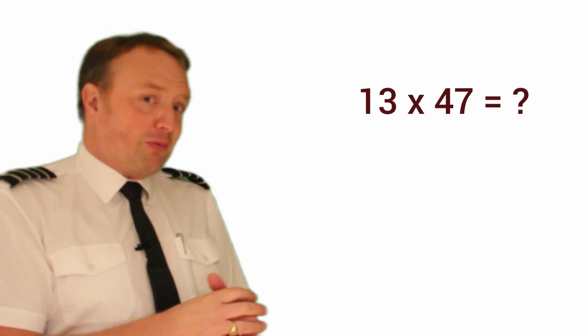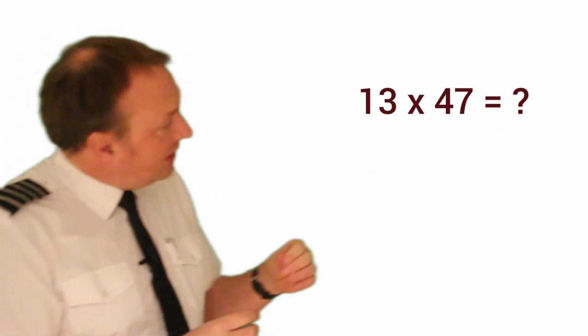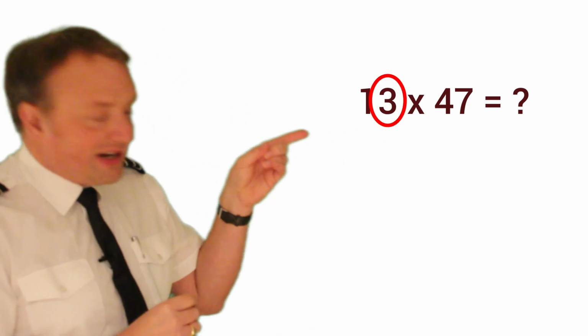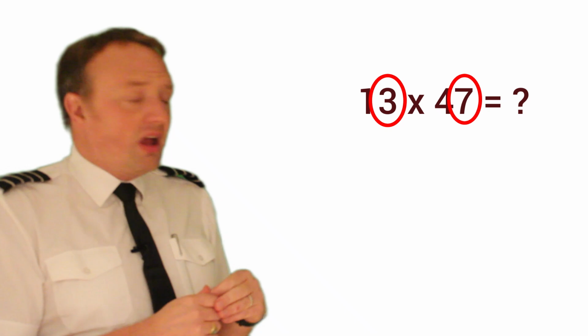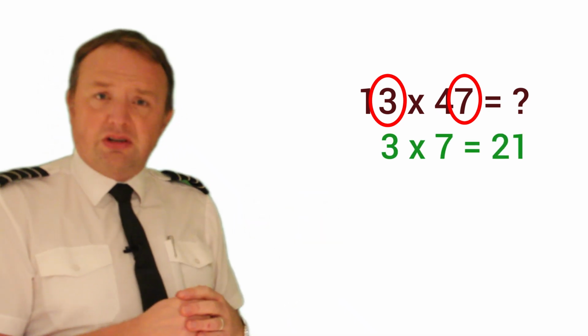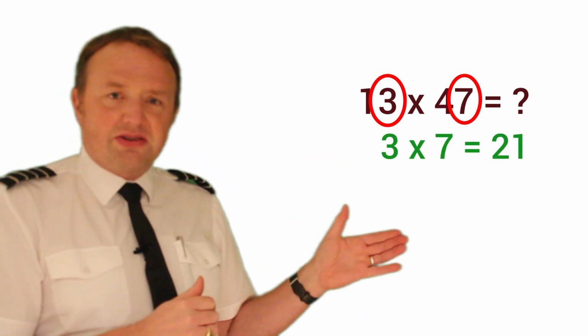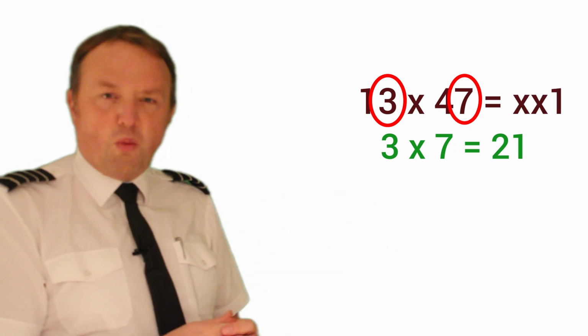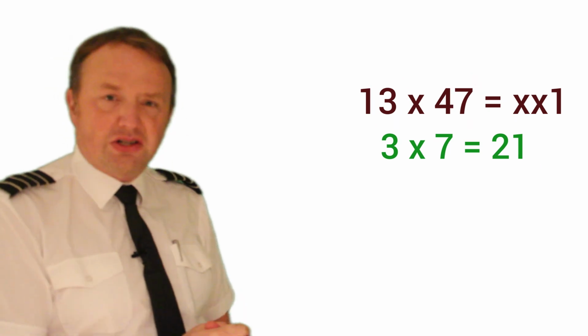I can go a little bit further with that with my approximation. I don't know 13 times 47 in my head, but I do know 3 times 7. And 3 times 7 is 21. So whatever number this is, it definitely ends in a 1. The last digit of this number is a 1. I'm probably looking for a 3-digit number.